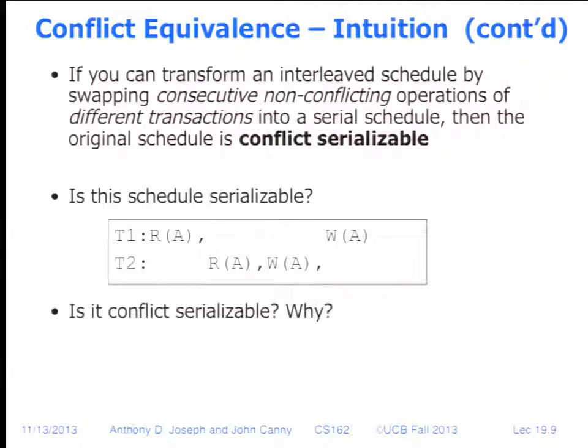But ACID requires that we also have isolation, which means that if somebody else's transactions are executing at the same time or overlapping, your answers should always be the same as if they were executing by themselves. So you guarantee that by pushing all the steps of your transaction together, either before or after the other transactions, because in general you don't know.